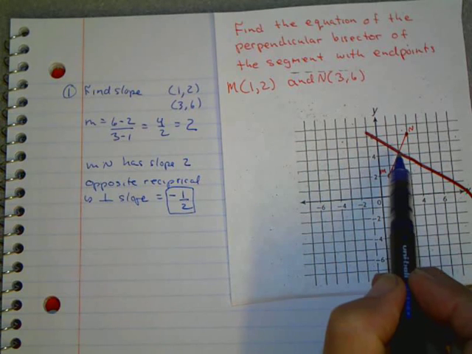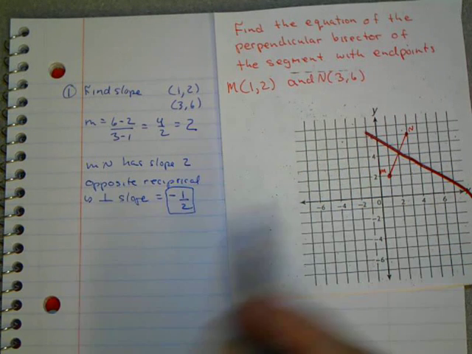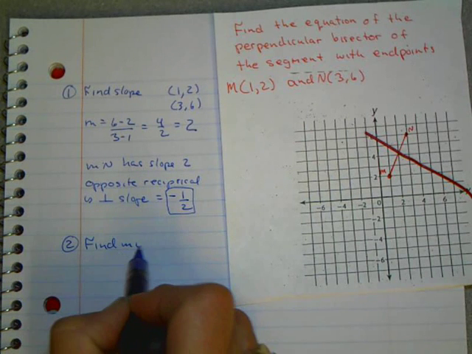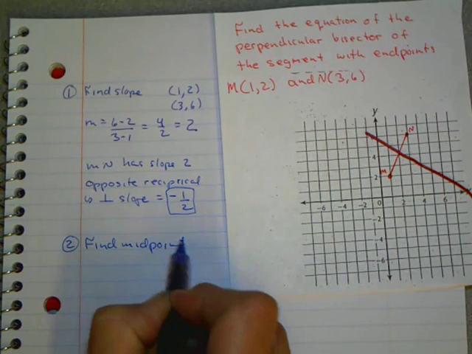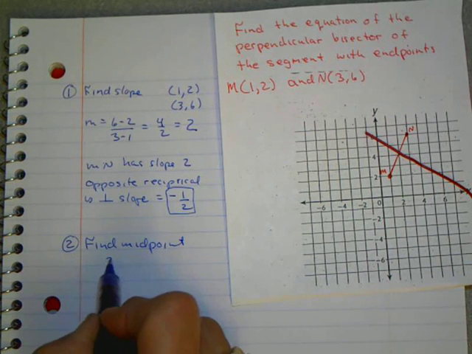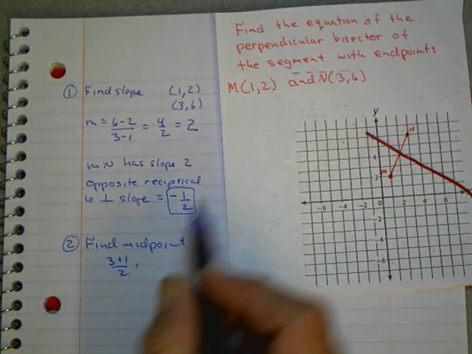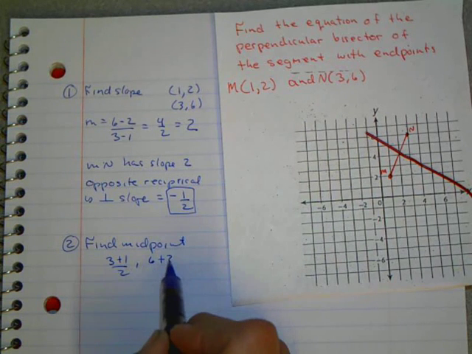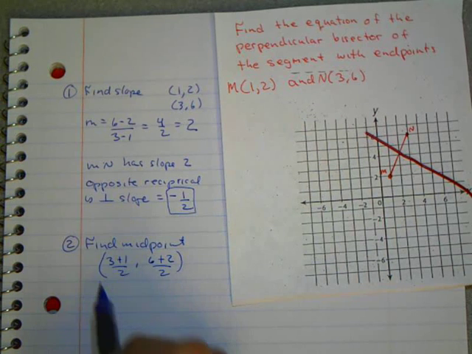Now I need to find the middle point, because that's one point that I know will be on this line. So my next step is to find the midpoint, and I'll use my midpoint formula. I'll add my x-coordinates, 3 plus 1 divided by 2, and I'll add my y-coordinates, 6 plus 2 divided by 2.